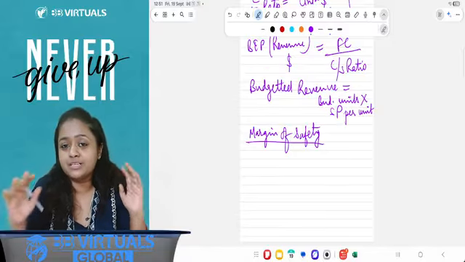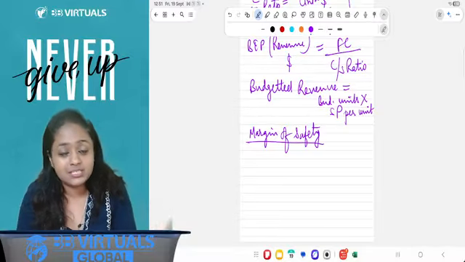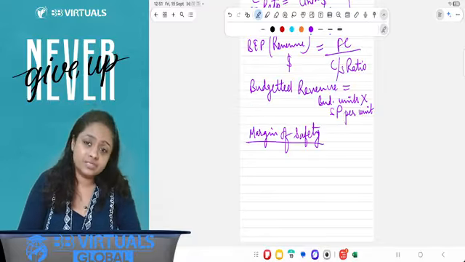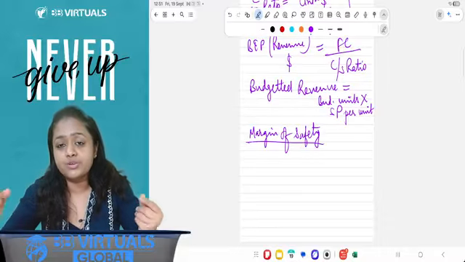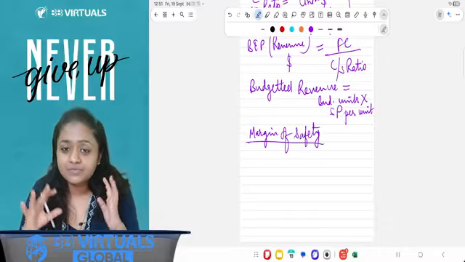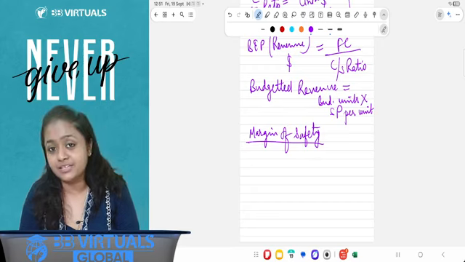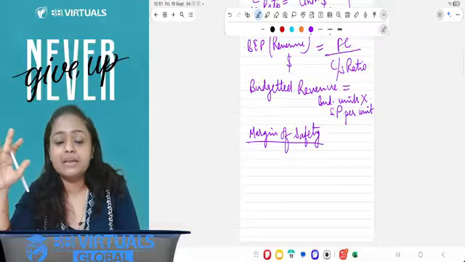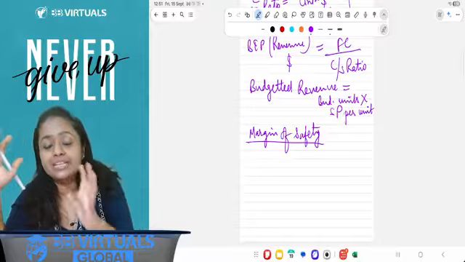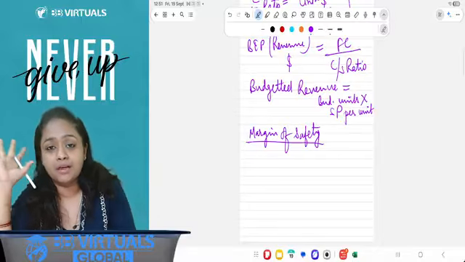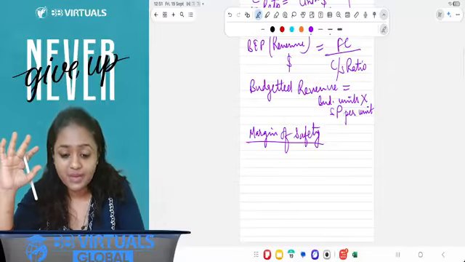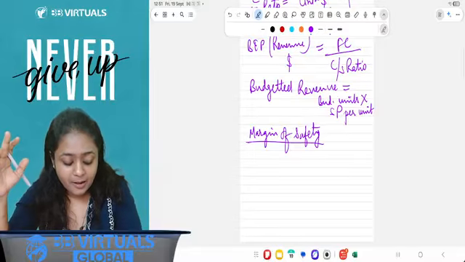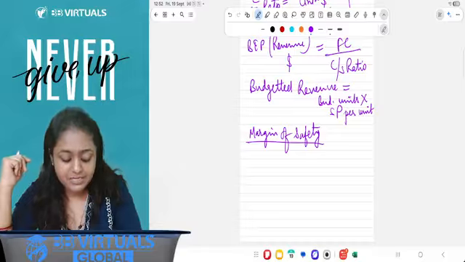If it goes below, that is going to give you negative effects, because margin of safety is the safer zone for the organization. If the margin of safety is, let's say, 20%, that means budgeted sales are at least 20% covering the break-even sales. So it is very comfortable for the organization to remain in that margin of safety environment.